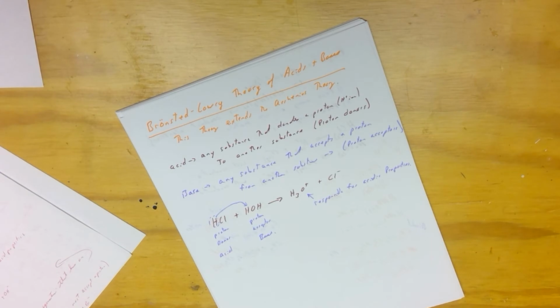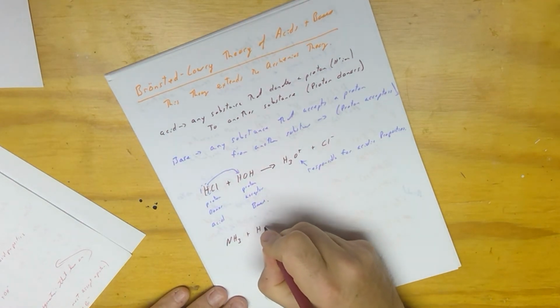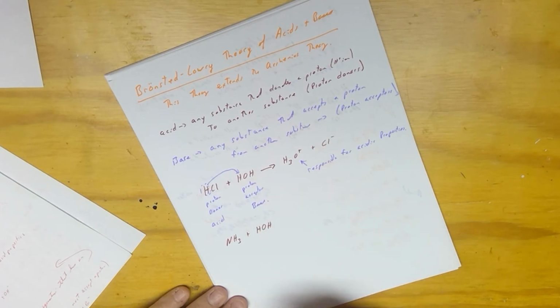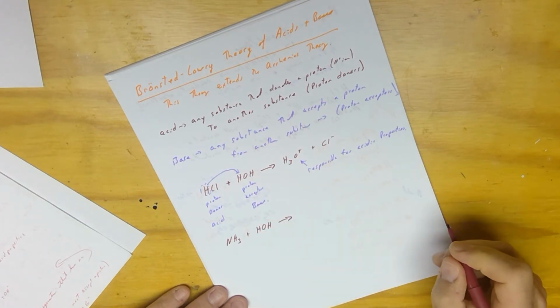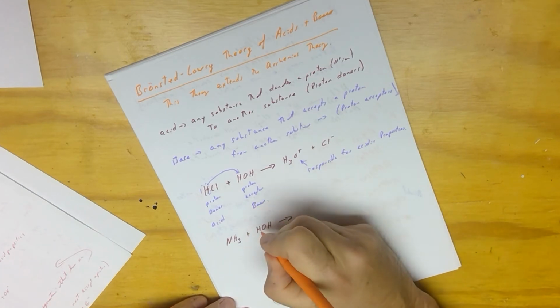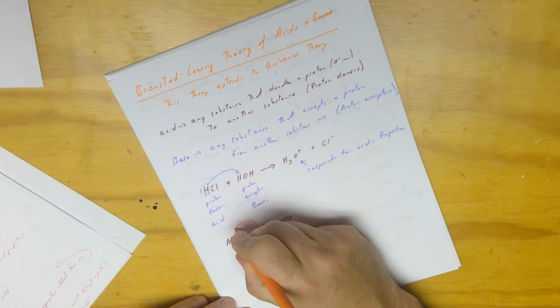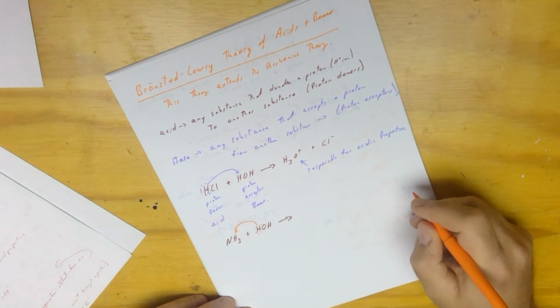All right, well, let's look at a different one. Let's look at ammonia, NH3. NH3, and we're going to put it in water again, just for fun. And what happens here is this H right here is donated to this guy over here.